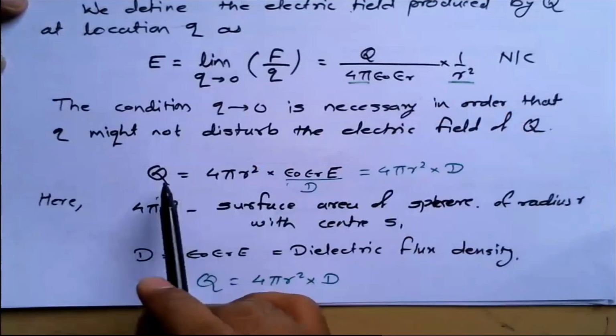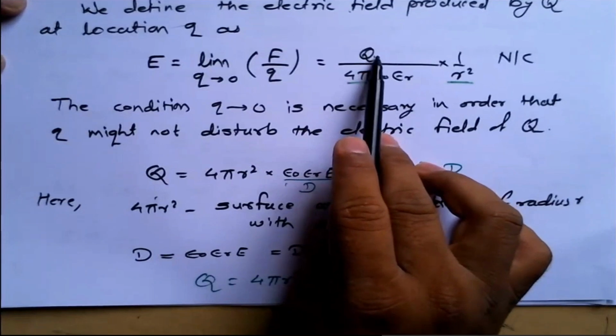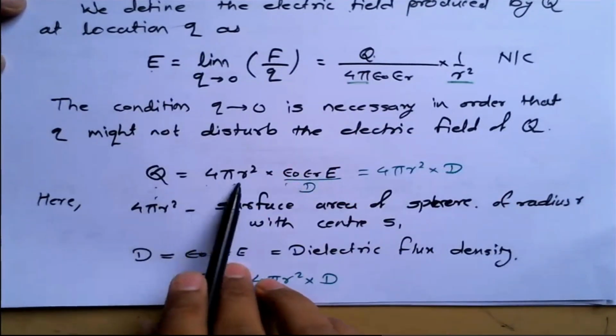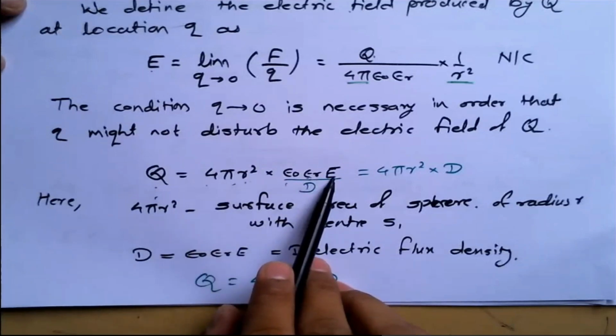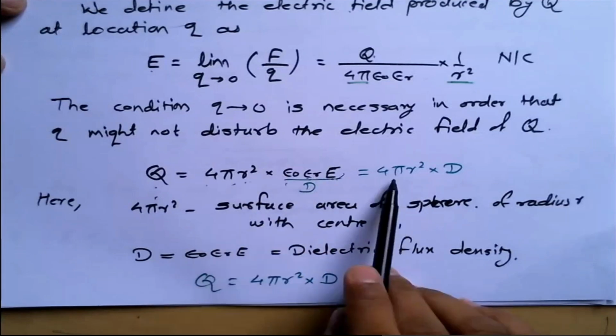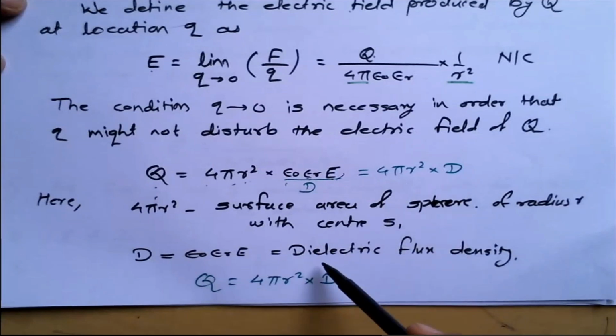After some rearrangement, we write the equation for capital Q in terms of E. Q is equal to 4 pi r square into epsilon 0 epsilon r into E, and the term epsilon 0 epsilon r into E is denoted by capital D, so it is 4 pi r square into D, and this D is the dielectric flux density.